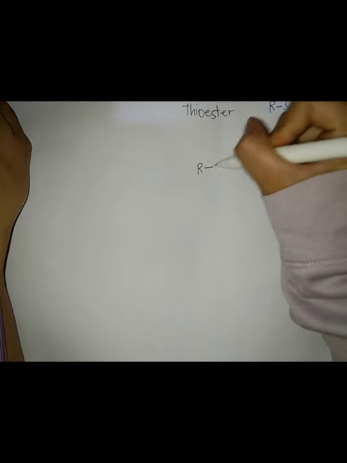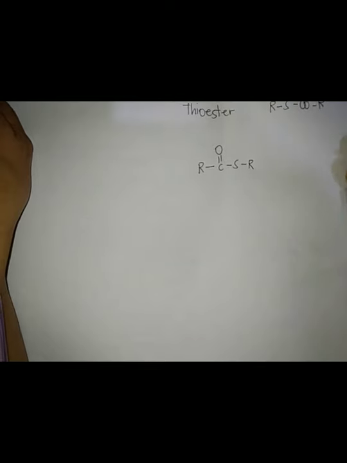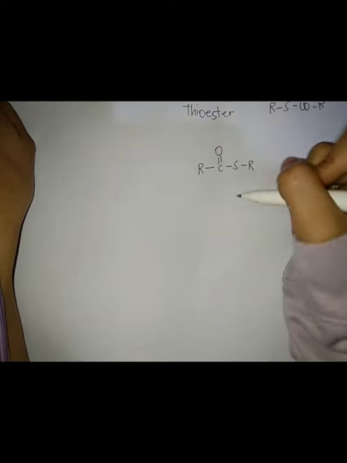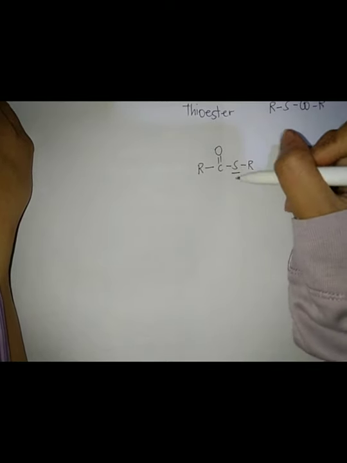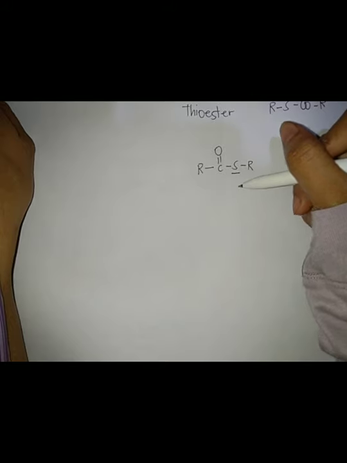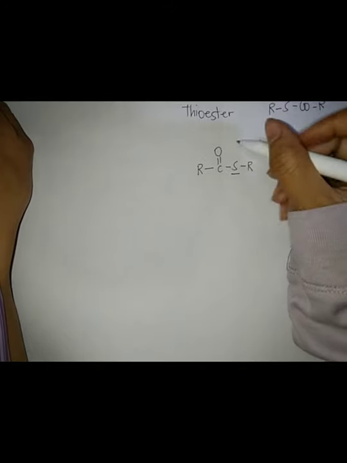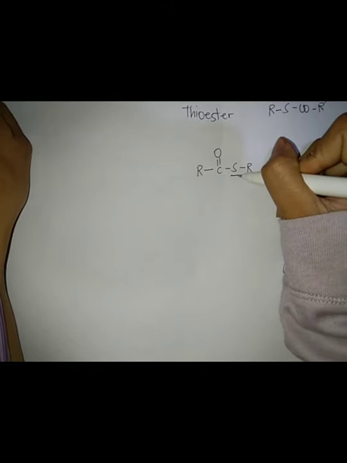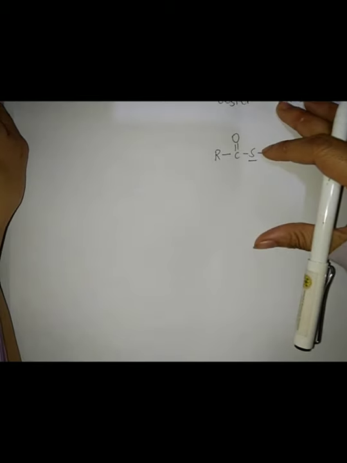Here the sulfur represents the thio, since thio means sulfur. Thioesters are products of esterification between a carboxylic acid and a thiol.